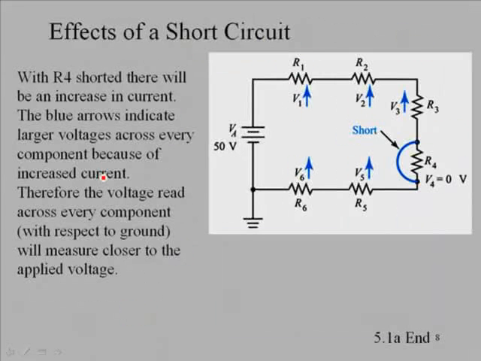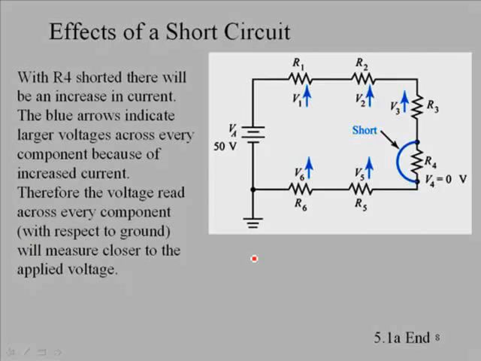Okay, this is that same schematic, and just as a review, with R4 shorted there will be an increase in current. The blue arrows indicate larger voltages across every component because of increased current. Therefore, the voltage read across every component will increase, and with respect to ground will measure closer to the applied voltage.